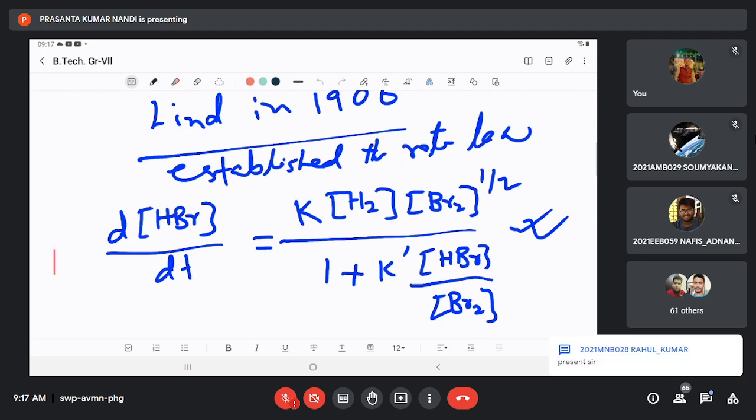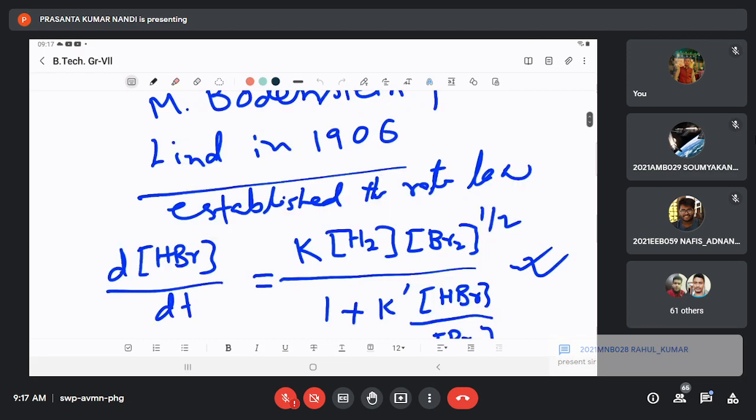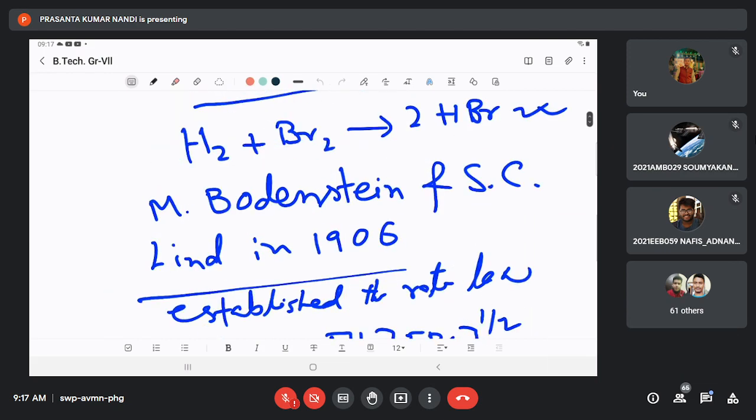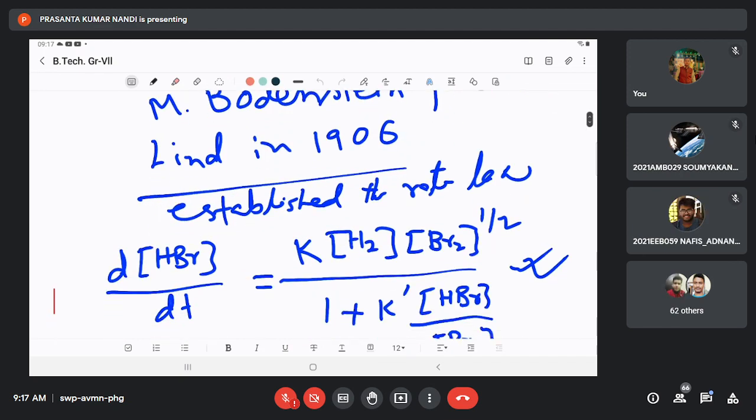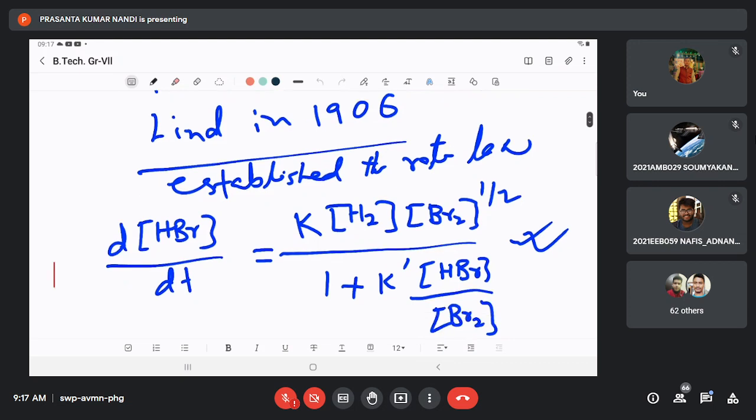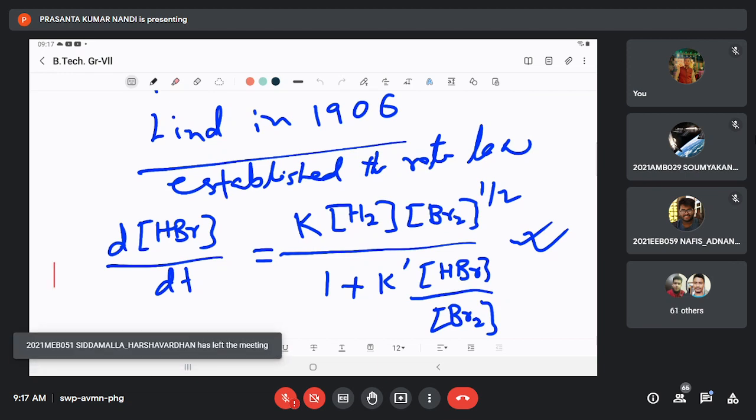On the basis of the experimental observations, Bodenstein and Lind established the following differential rate equation, which is given by this. That is, the rate of formation of hydrogen bromide from hydrogen and bromine in the gas phase follows this kinetics, meaning the differential rate law.